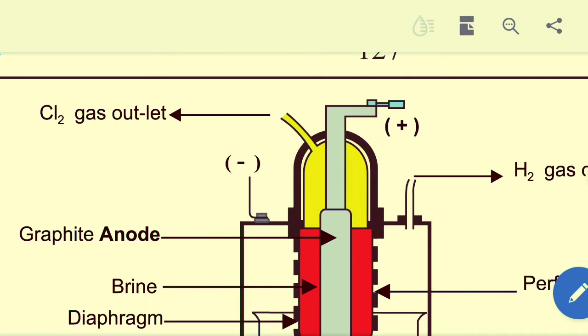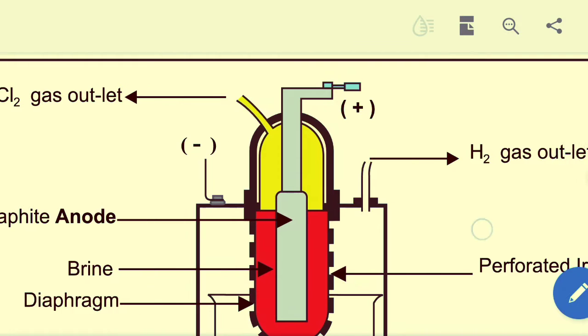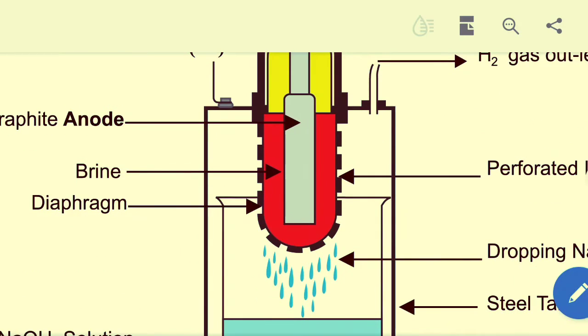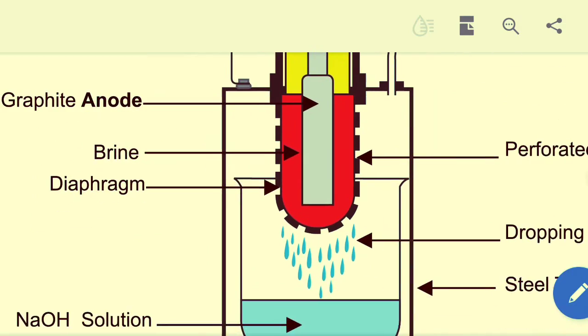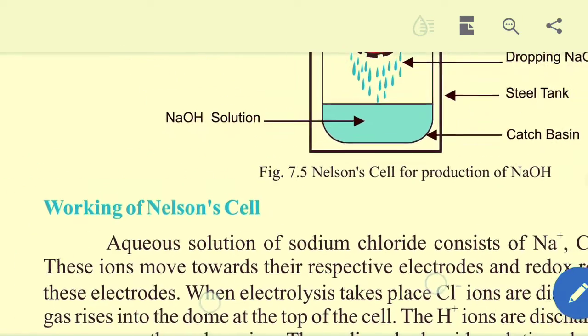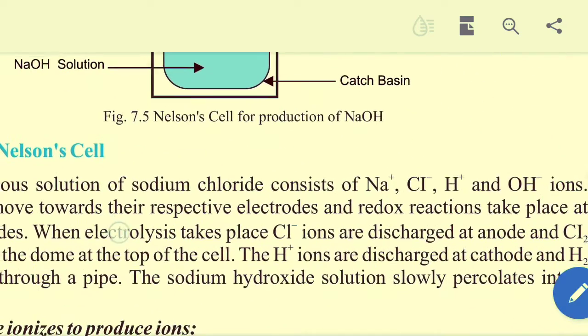Chlorine gas will be let out from the solution at the anode, and hydrogen gas will be given out at the cathode. The aqueous solution of sodium chloride consists of sodium and chloride ions, hydrogen and hydroxide ions.